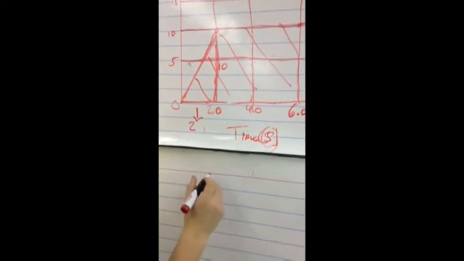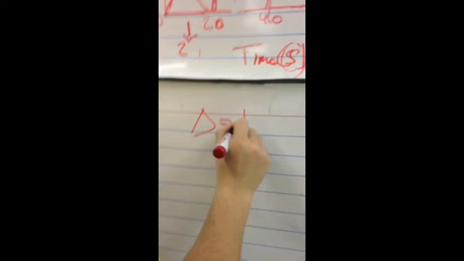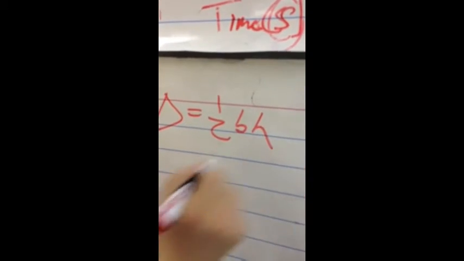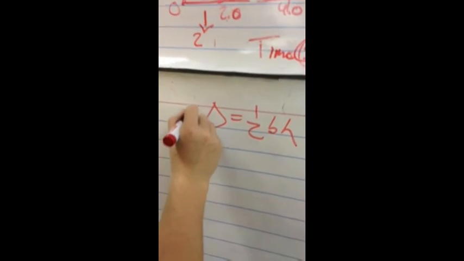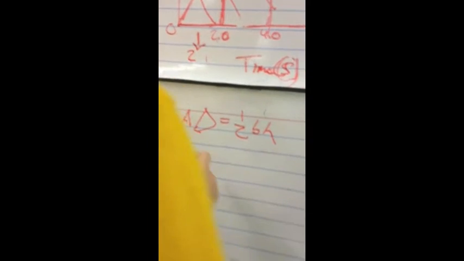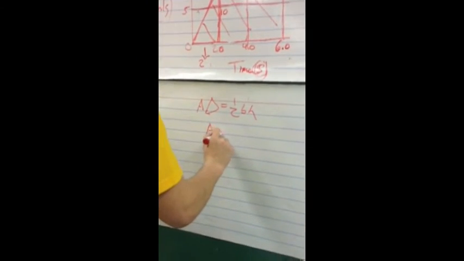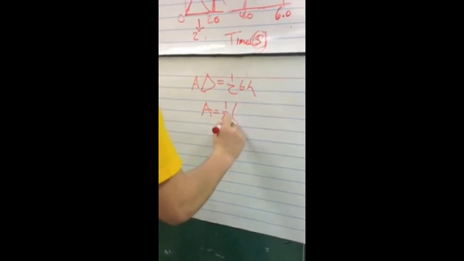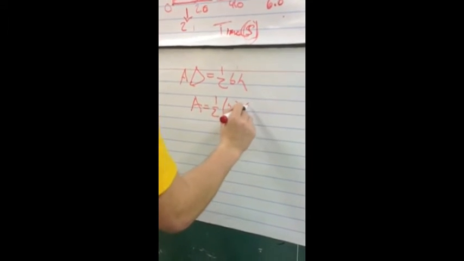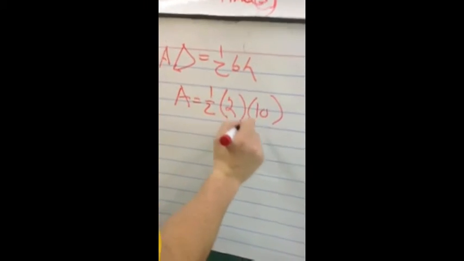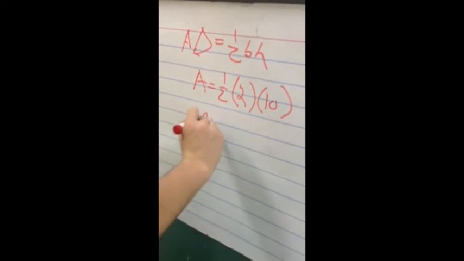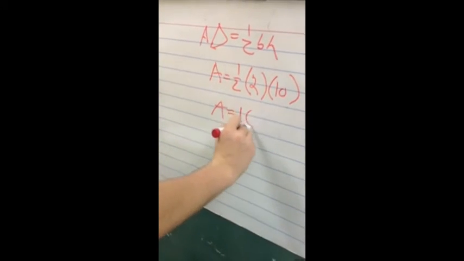The area of a triangle is equal to 1/2 base times height. The area is 1/2 of the base, which is 2, times the height, which is 10. 2 times 10 is 20, 1/2 of 20, so the area is equal to 10.